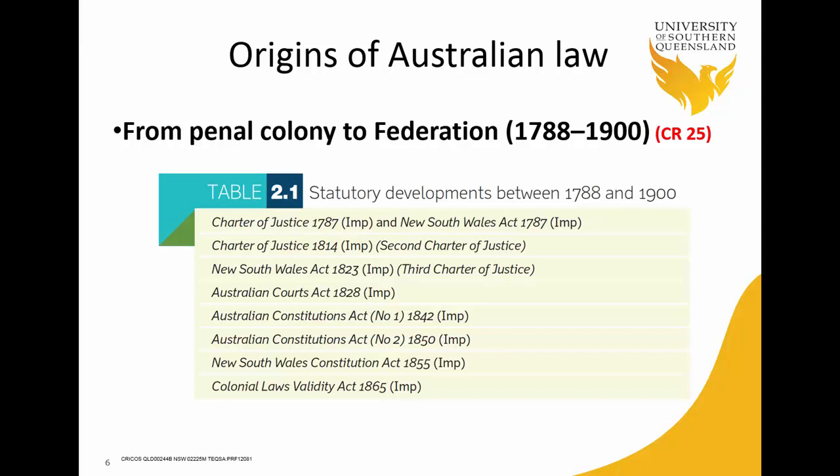So there was a Supreme Court of Civil Jurisdiction. Okay. There was the Governor's Court, and there was the Lieutenant Governor's Court. 3 courts instead of the one that was abolished.